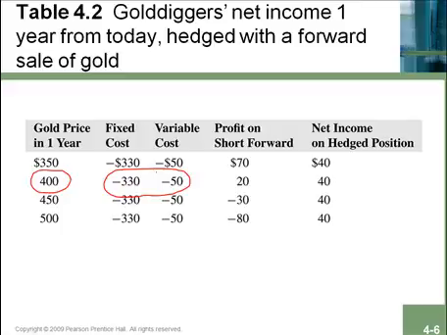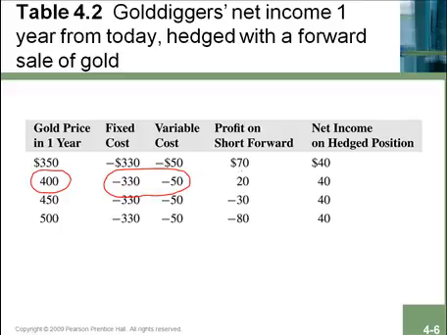But with a short forward hedge, remember, the payoff on a short forward at expiration is simply going to be the forward price of 420 minus the spot price at expiration, or 400 in this case.